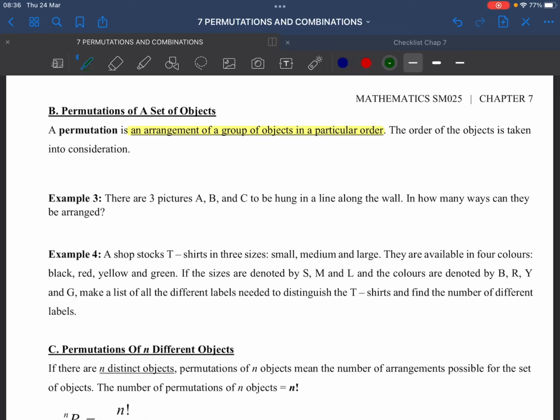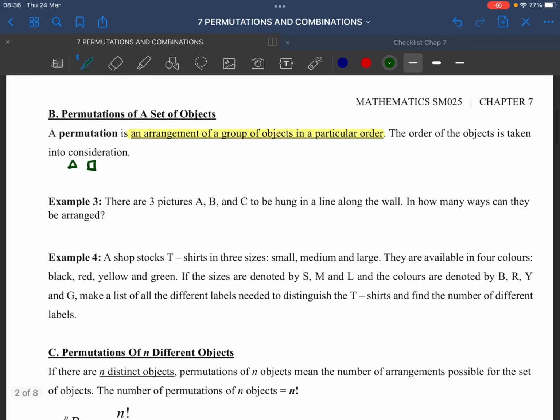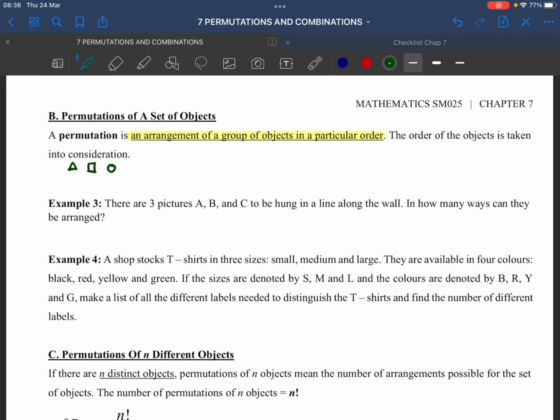Let's say here you have 3 shapes. Kita ada triangle, square, and then we have a circle. Saya susun triangle, square, circle, and then we can change this to square, triangle, circle.